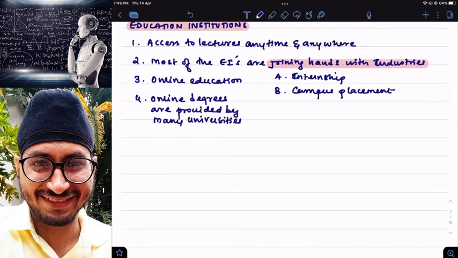That is why many education institutions have recognized the importance of education. They also started providing online degrees for those who cannot attend direct classes, and they have also started various other techniques to attract students.